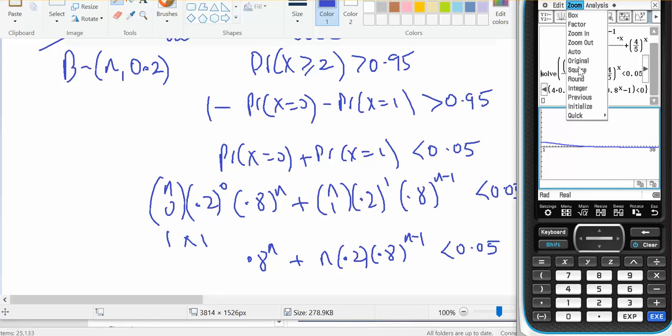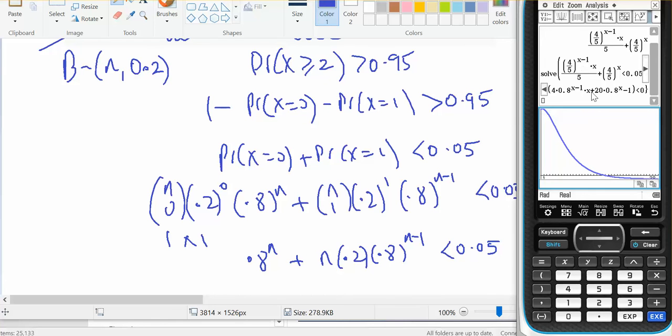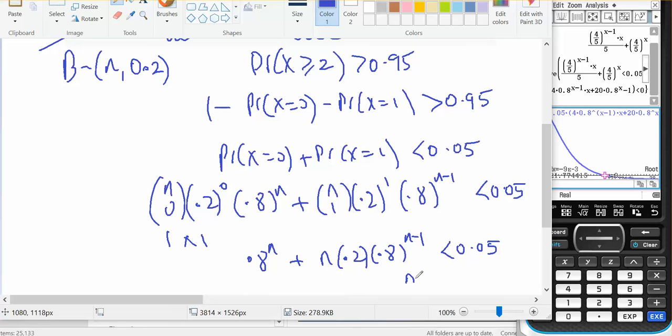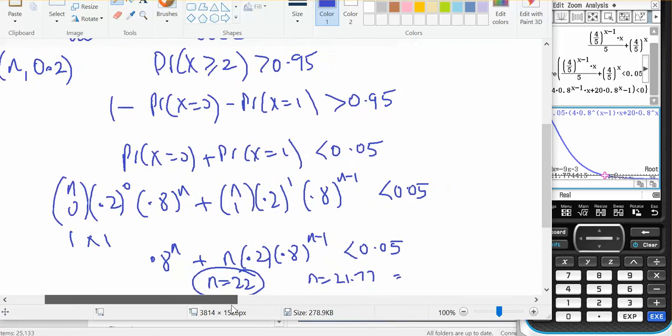Zoom auto. And in analysis, G-Solve, root will give me the x-intercept as 21.77. n equals 21.77 if it's equal. Therefore, n has to be bigger, so 22 is the minimum number that I need.